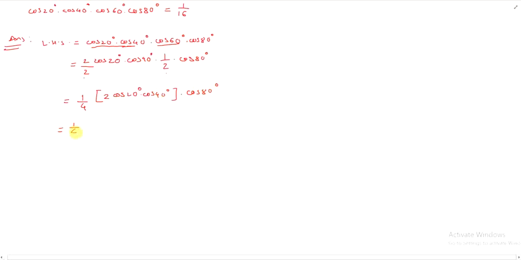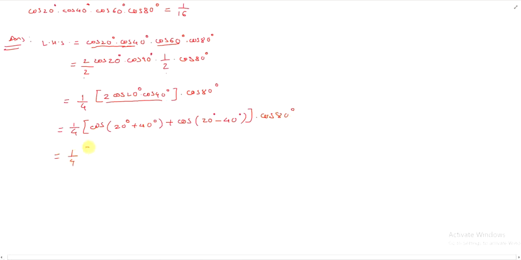So it is equal to 1 by 4 in bracket, and this 2 cos 20 degree into cos 40 degree can be written as cos (20 plus 40) plus cos (20 minus 40), into cos 80 degree.